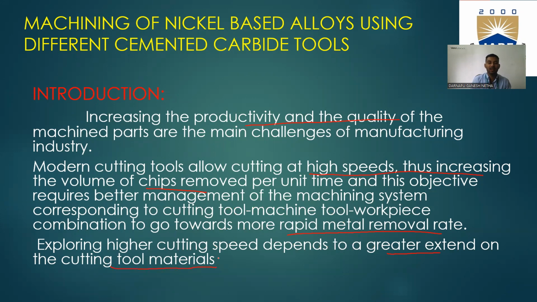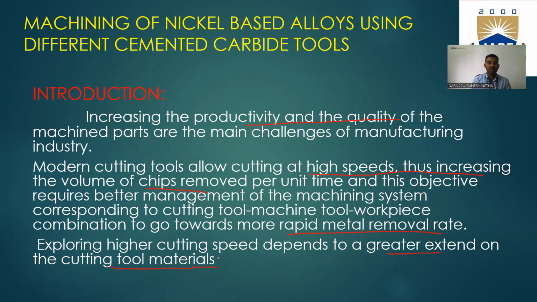This slide is telling about the quality of machined parts. Day by day, the production rate is increasing and the quality of the product is also increasing, and modern cutting tools allow high speeds.